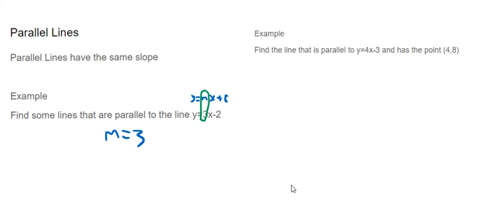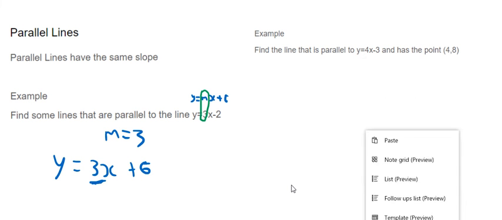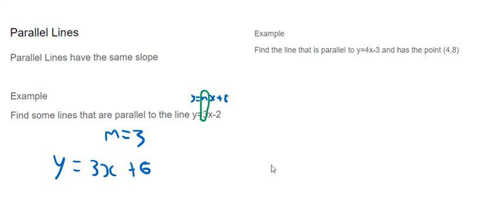Therefore, I can make up some other lines. As long as I make sure that the slope is 3, the rest of it could be anything really. So some other lines that would be parallel would be y equals 3x plus 6. I'm just making up the plus 6, you can put anything there. That line has a slope of 3 as well. So as long as it has the same slope, the line has to be parallel.